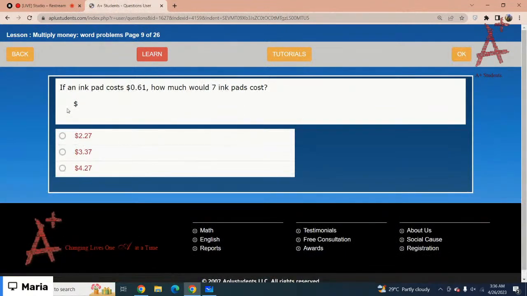Okay, the next one is if an ink pad costs 0.61, how much would 7 ink pads cost? So you need to do 7 times 0.61. So which is the correct option?